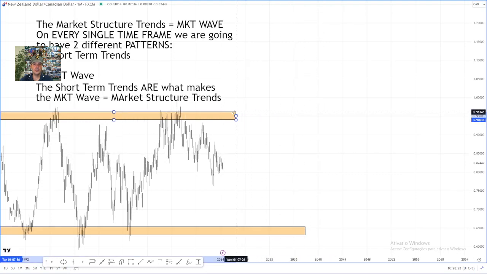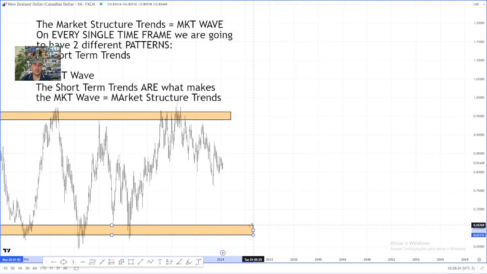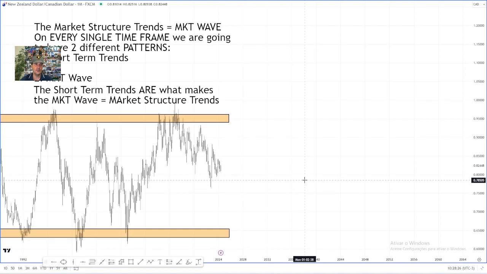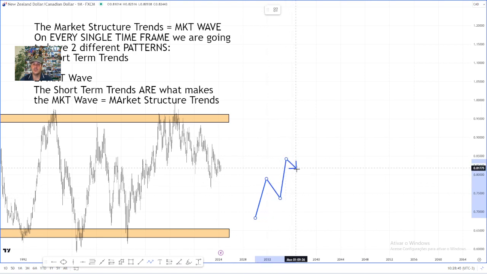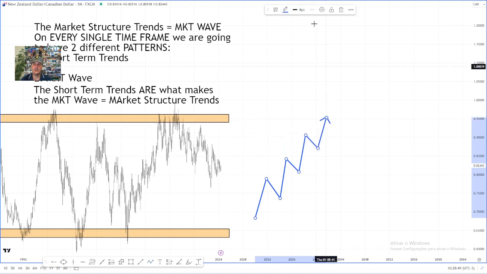So the short-term trends are what makes the market wave, or what is called the market structure trends. In an up market wave, we are going to have first an uptrend. The market is going to make higher highs, higher lows, higher highs, higher lows. We're going to color code this in green.